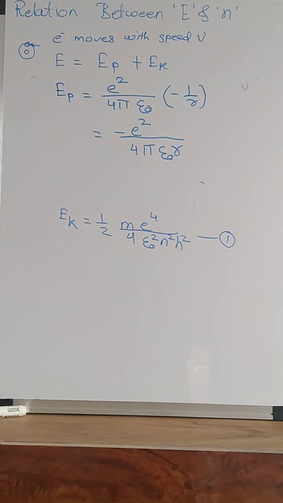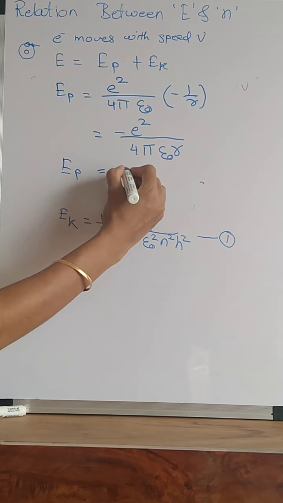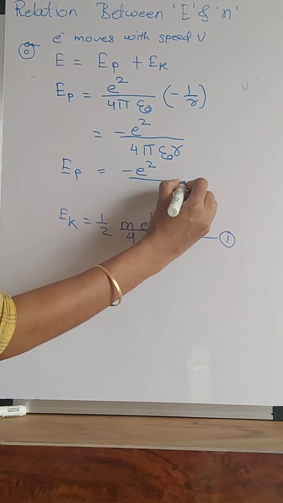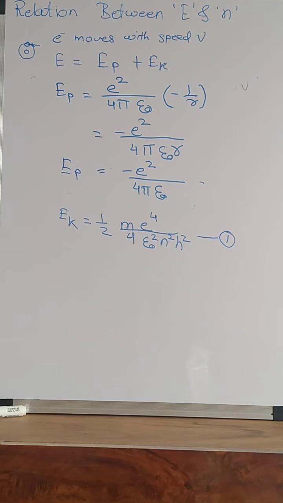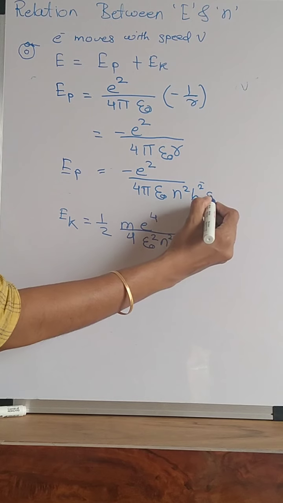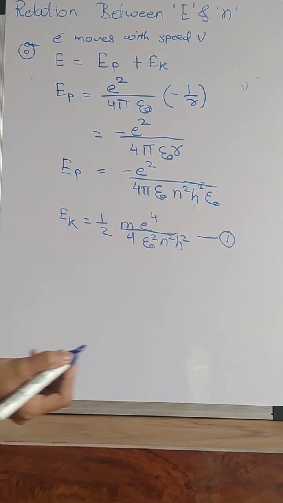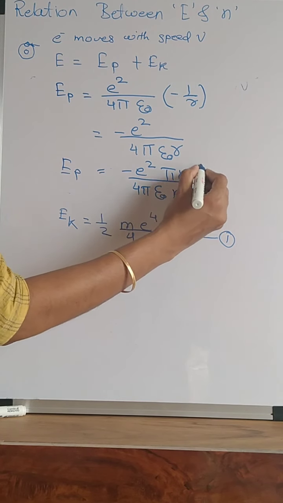Now in this equation we have to substitute the value of r, and the value of r is nothing but n square h square epsilon naught upon pi m e square. So just substitute the value of r, we will get minus e square upon 4 pi epsilon naught. Instead of r we will write n square h square epsilon naught upon pi m e square.